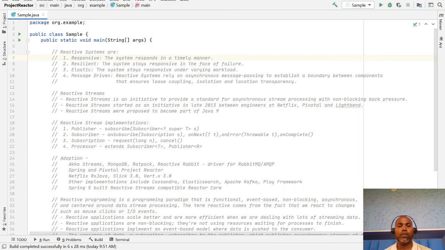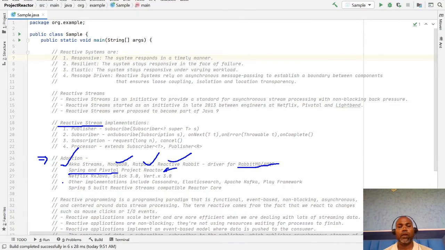So in the early days, these specifications were implemented or adopted by the following technologies and companies. If you are looking at reactive stream applications, first there are Akka Streams, MongoDB, Ratpack, Reactive Rabbit for RabbitMQ and AMQP, and similarly Spring and Pivotal, known as Project Reactor, which I am discussing.